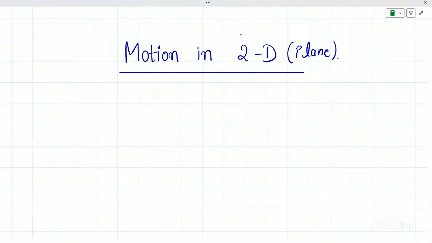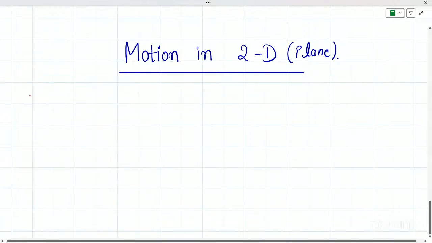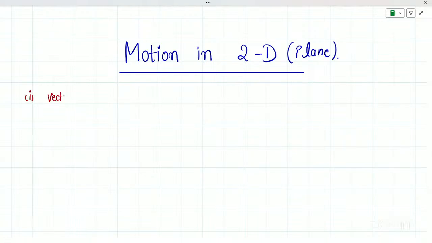So in this chapter, firstly, we will introduce what you have to learn. The first thing you have to learn about is vectors. What is vectors?